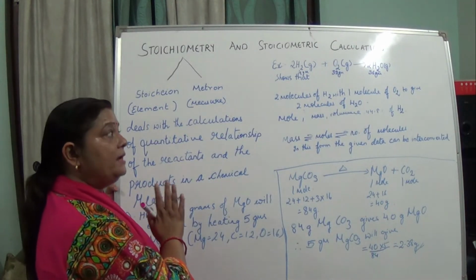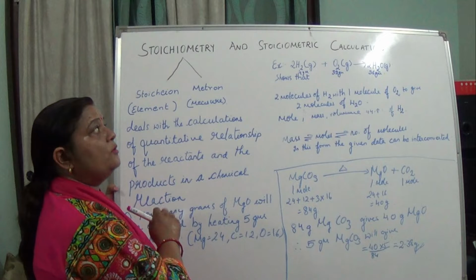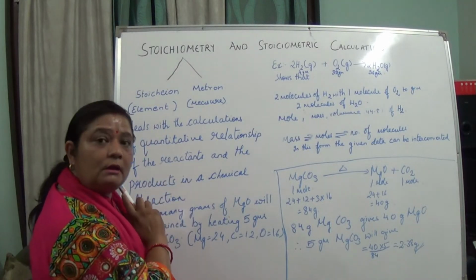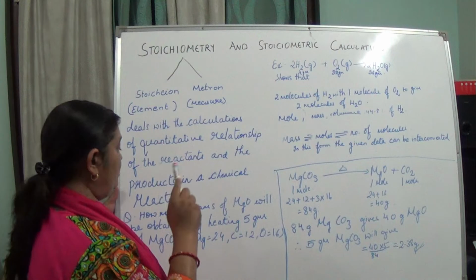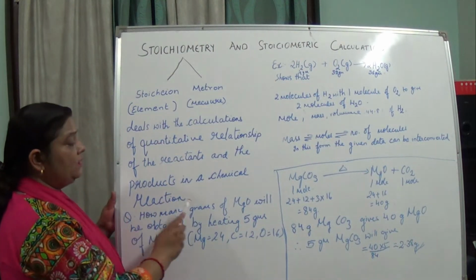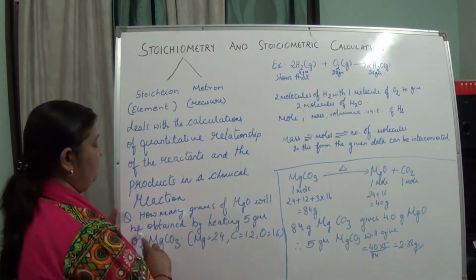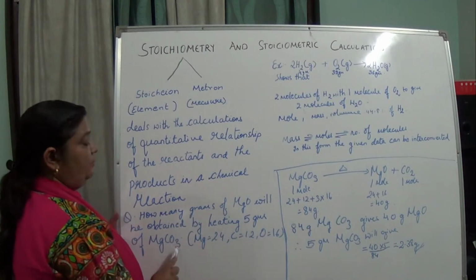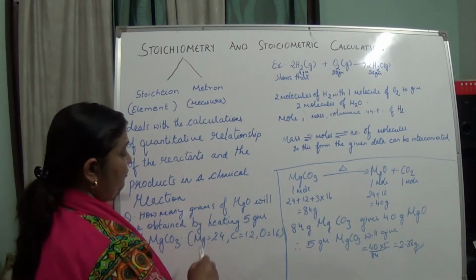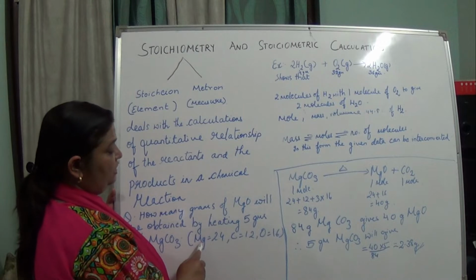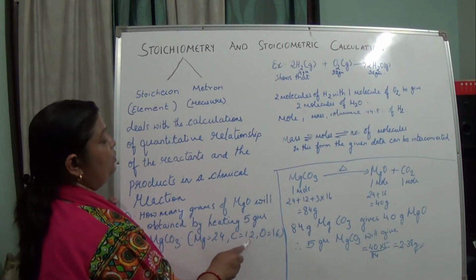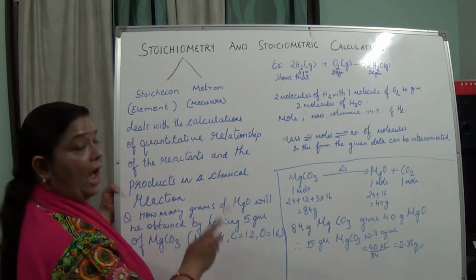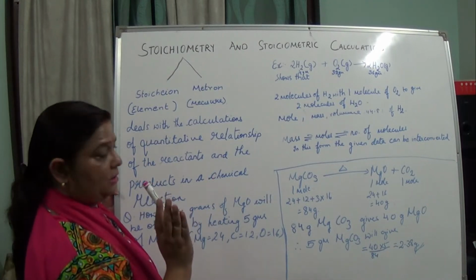For that it is a must that, whatever the question is, you first write the balanced chemical equation. For that I have taken one example: how many grams of magnesium oxide will be obtained by heating 5 grams of magnesium carbonate? The molar mass of magnesium is 24, carbon is 12 and oxygen is 16. First we have to write the balanced chemical equation.